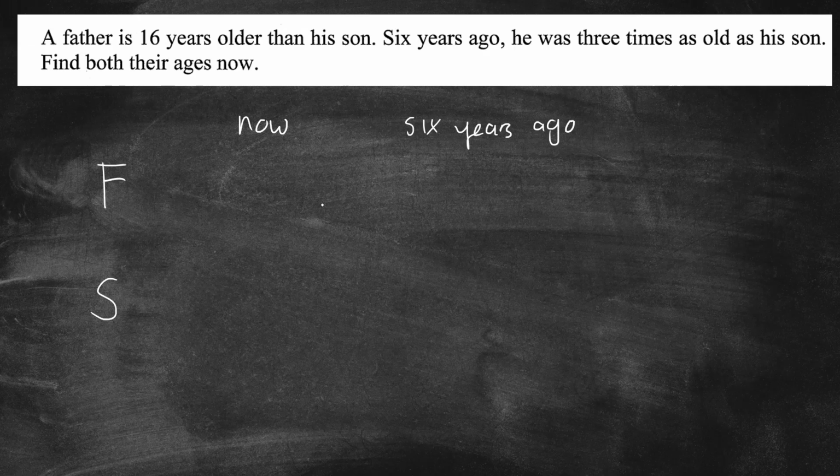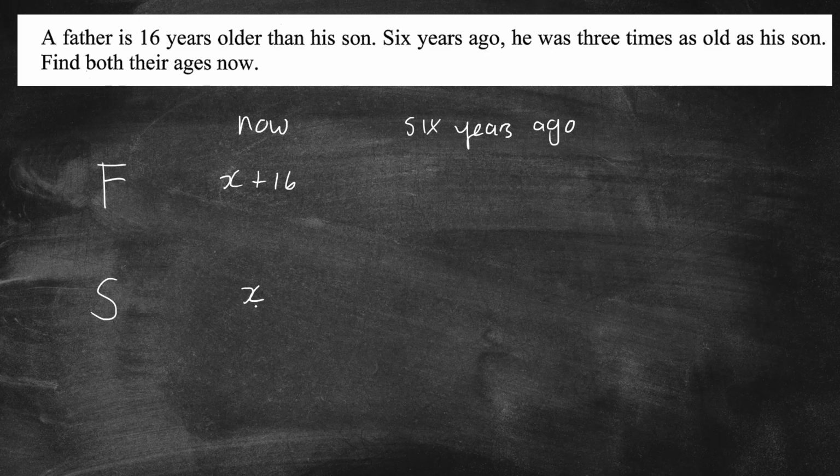Okay, so his son now. Let's make the son's age x. Now, in terms of x, if the father is 16 years older, how old would the father be in terms of x? So if the son is 2, the father would be 18 now. That would be x plus 16.